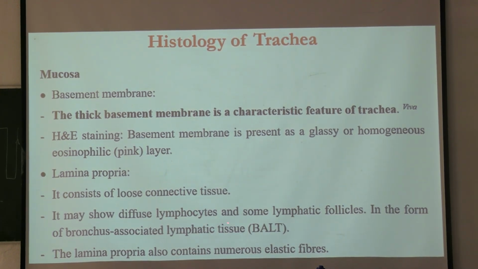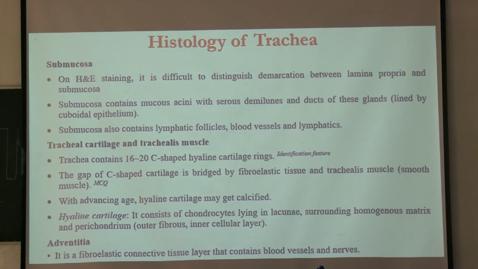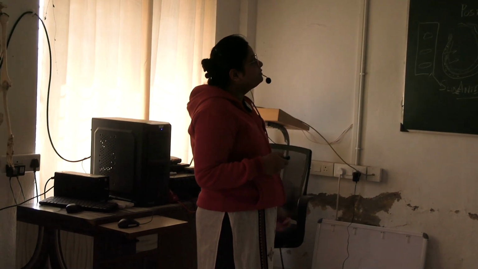It may show diffuse lymphocytes and some lymphatic follicles in the form of bronchus associated lymphoid tissue, BALT. In the gut, there is gut associated lymphatic tissue, known as GALT. So like this, some lymphatic tissues are present in different systems. And the lamina propria also contains numerous elastic fibers. So we have completed the mucosa.